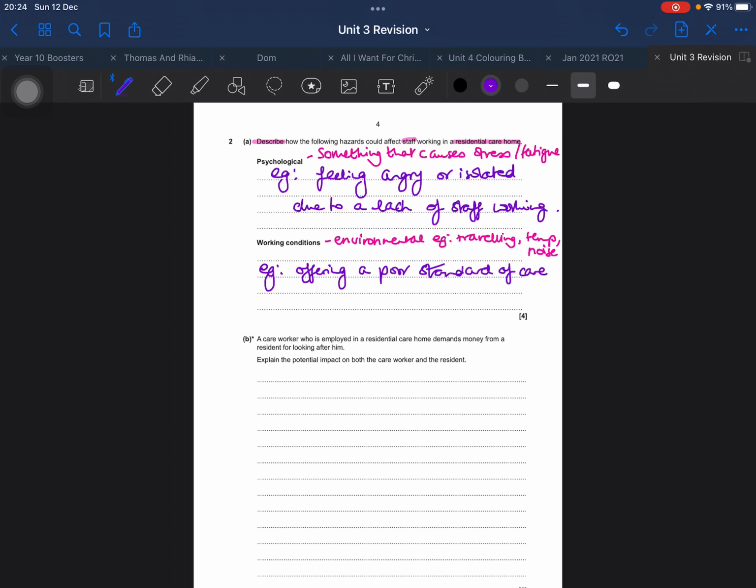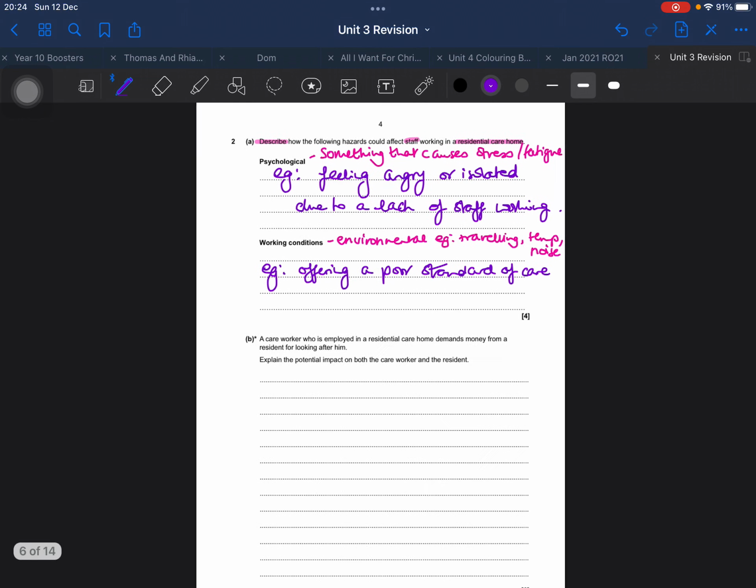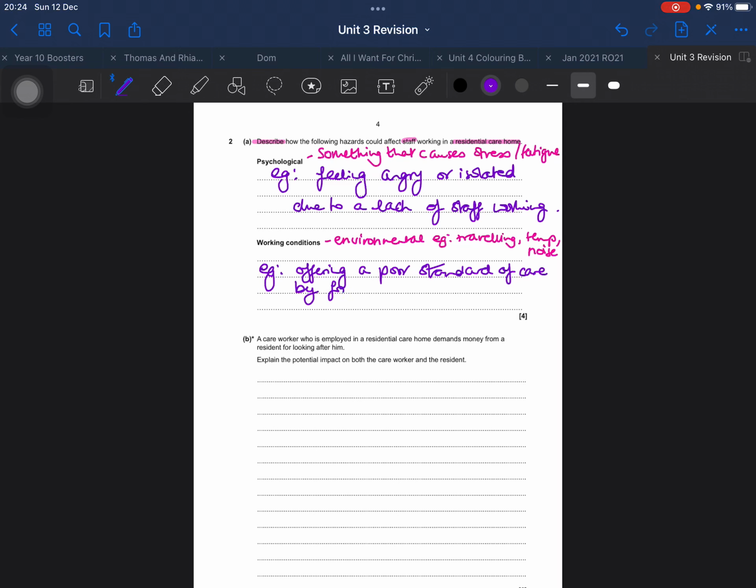If somebody is not offering a good standard of care, then it might be something like they forget to provide the medication on time. So by forgetting to provide medication on time. Okay, we've given them a definition and we've given them an explanation to go with that. We've given them an example.